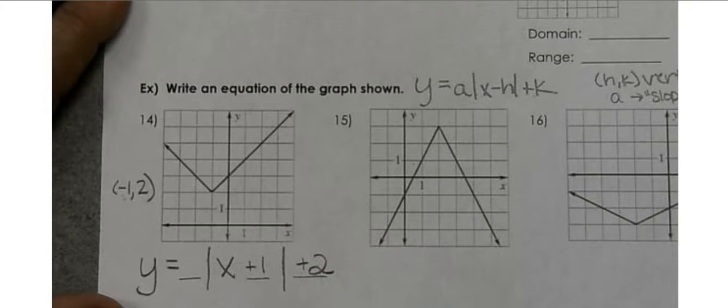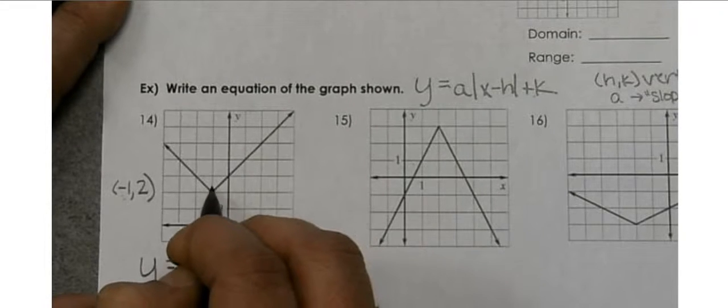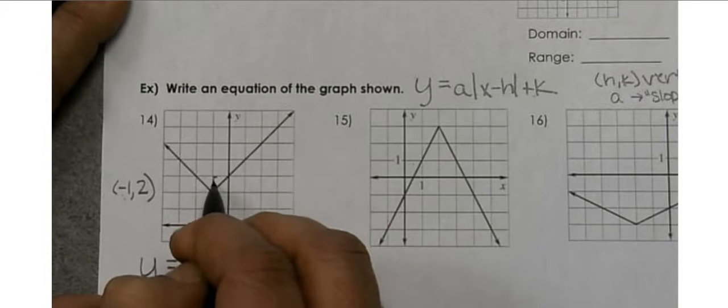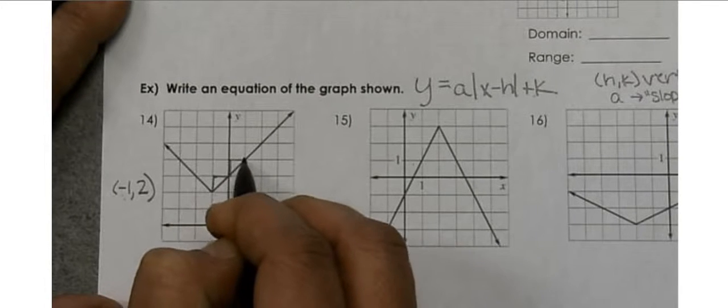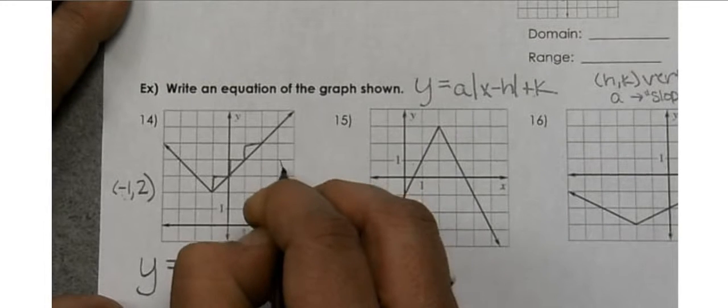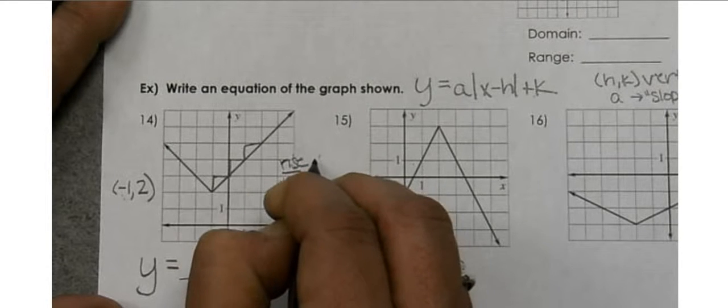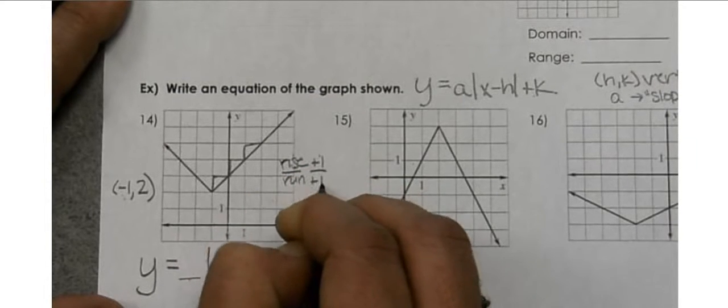Okay? So what about this guy? Well, we get this by looking at the slope. You can use either side, but a lot of times it's nice to start at the vertex and go from left to right. Notice that our rise over run is +1 over +1.